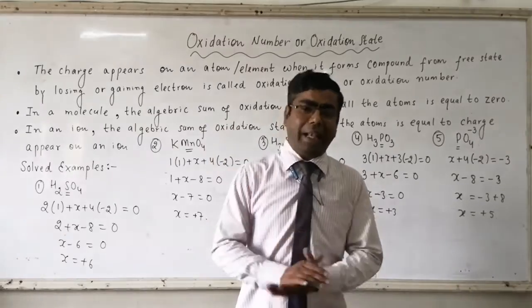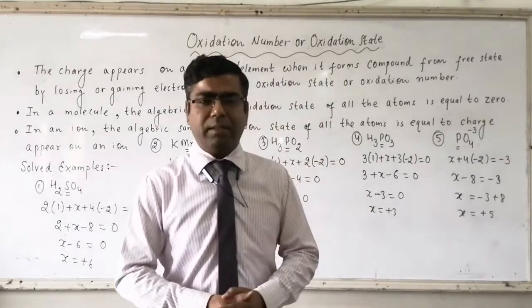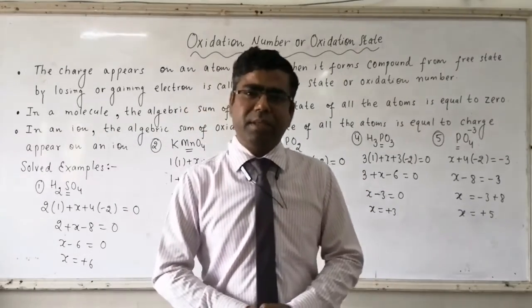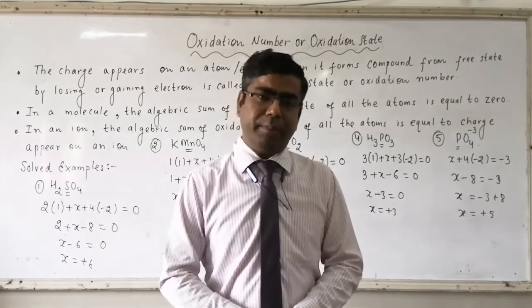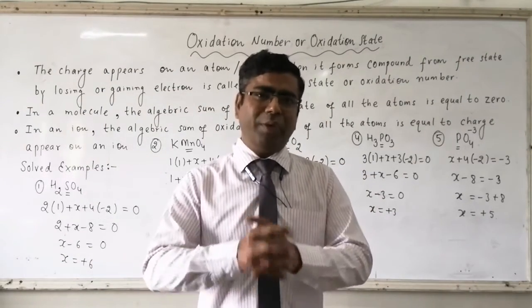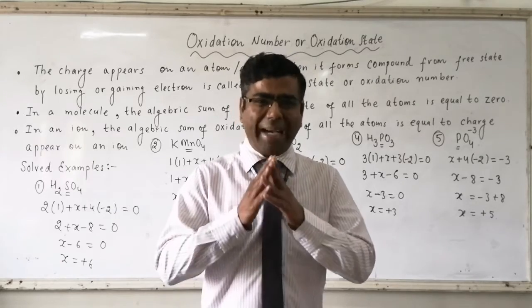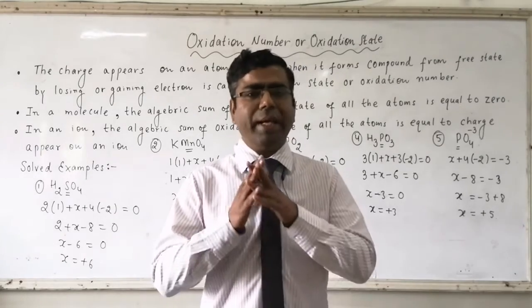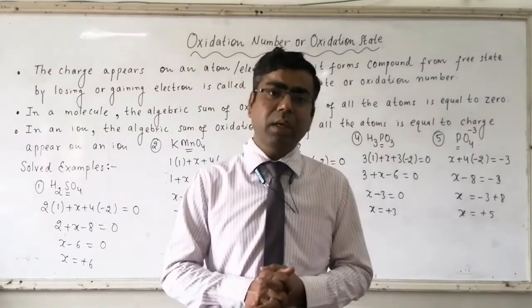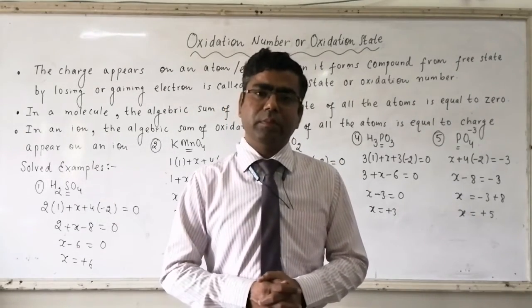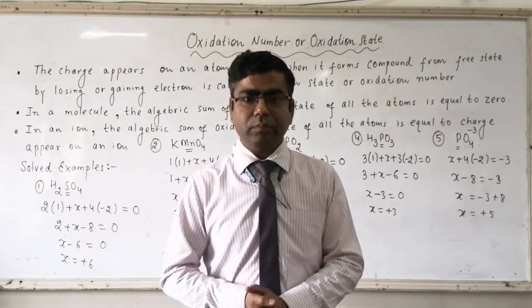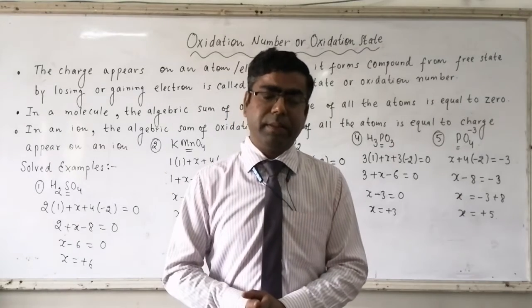Similarly, alkaline earth metals, group 2 elements, beryllium, magnesium, calcium, strontium, barium and radium, have 2 electrons in the outer shell, so they can lose maximum 2 electrons, and that's why their maximum oxidation state will be +2. It's applicable for all s-block and p-block elements.